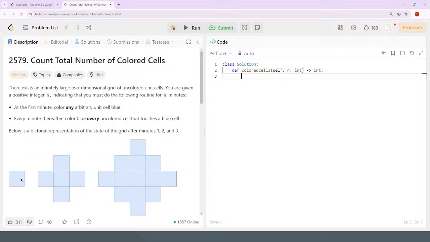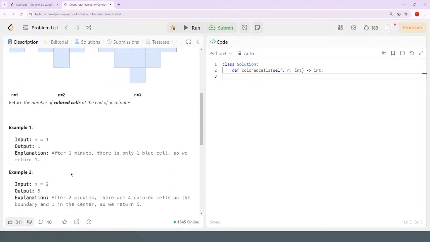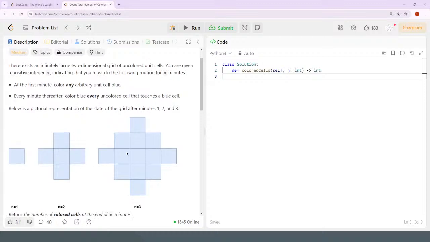The formula here is for every, let's see, it's 1, 5, and then 1, 2, 3.